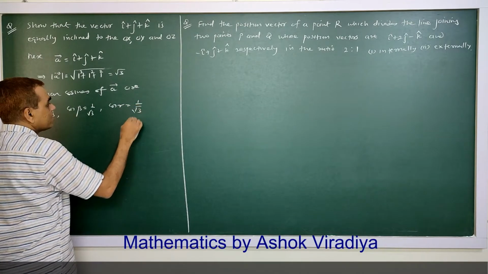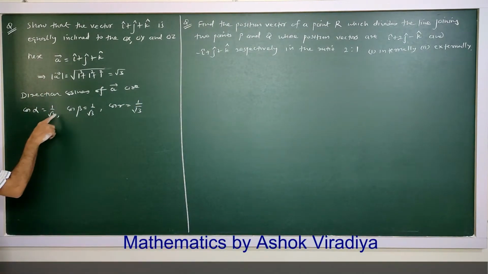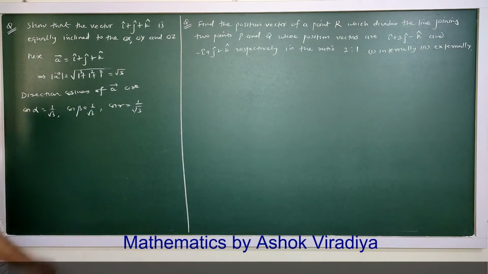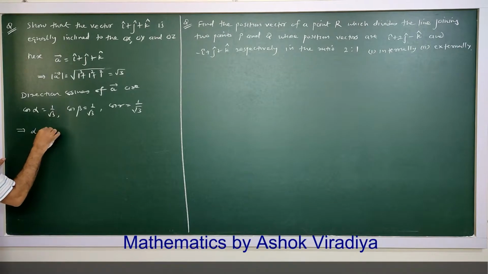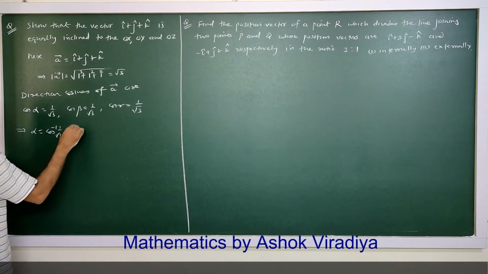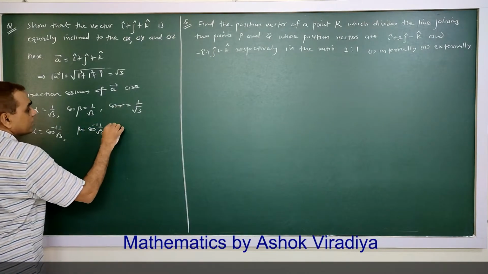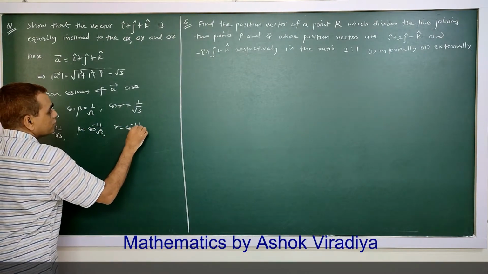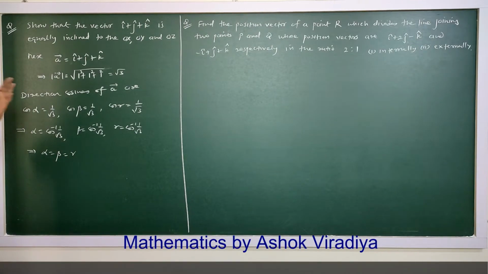Dividing all 3 scalar components one by one with magnitude, we are getting direction cosines. Therefore, alpha is cos inverse 1 by root 3, beta is cos inverse 1 by root 3, gamma is cos inverse 1 by root 3. So alpha equal to beta equal to gamma. So direction angles of this vector are same.